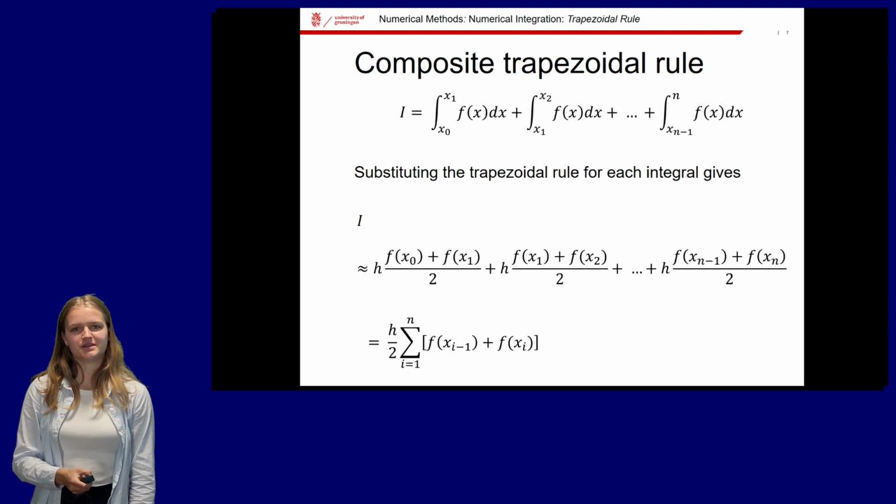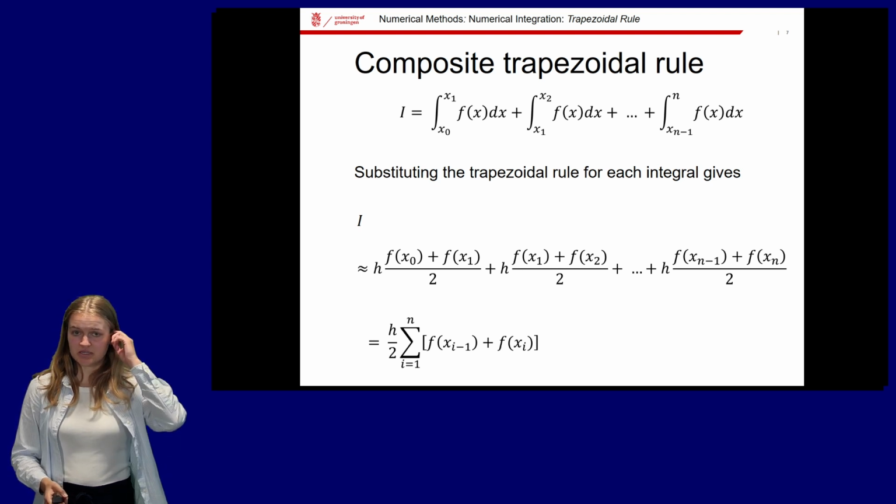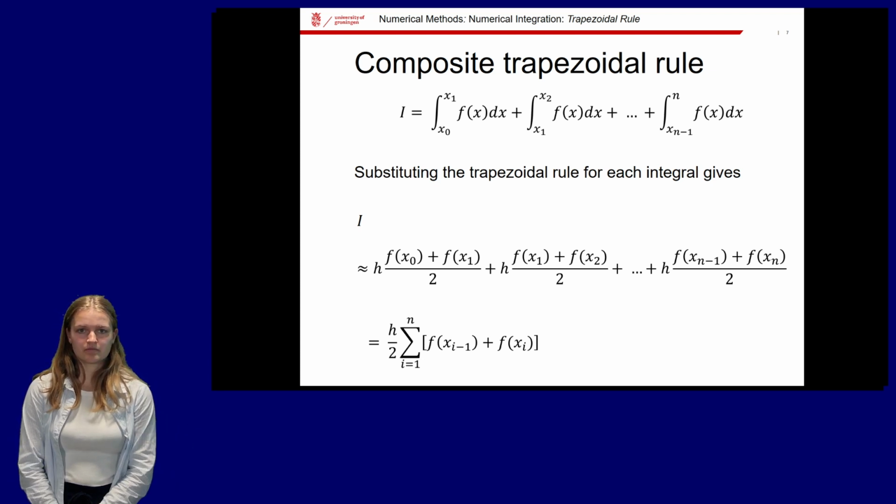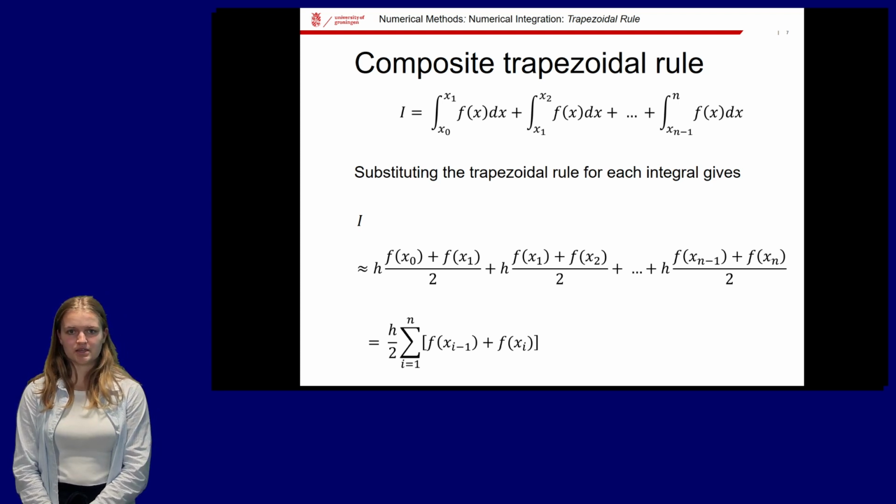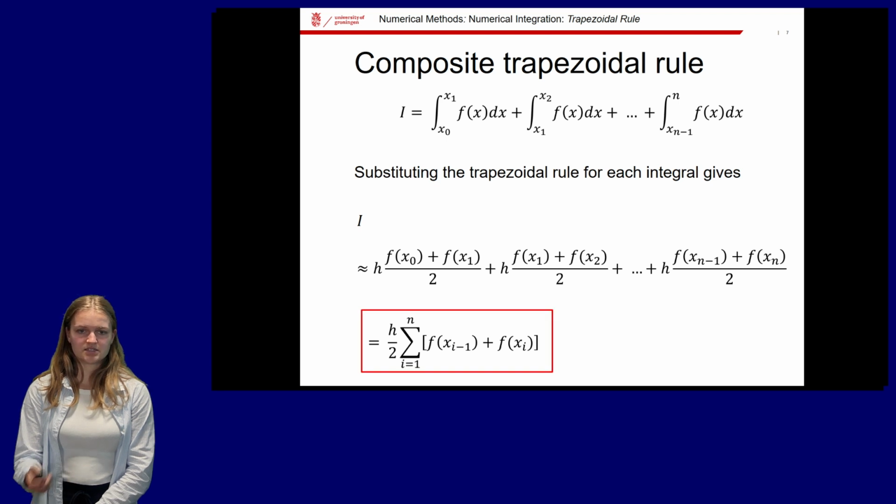So then we obtain this summation. You can see I is approximately equal to h over 2 times f of x i minus 1 plus f of x i, where i ranges from 1 to n. And this is the general expression for the composite trapezoidal rule.